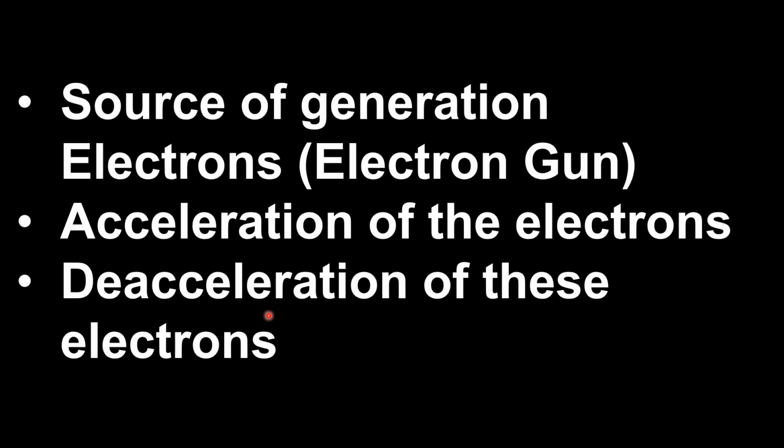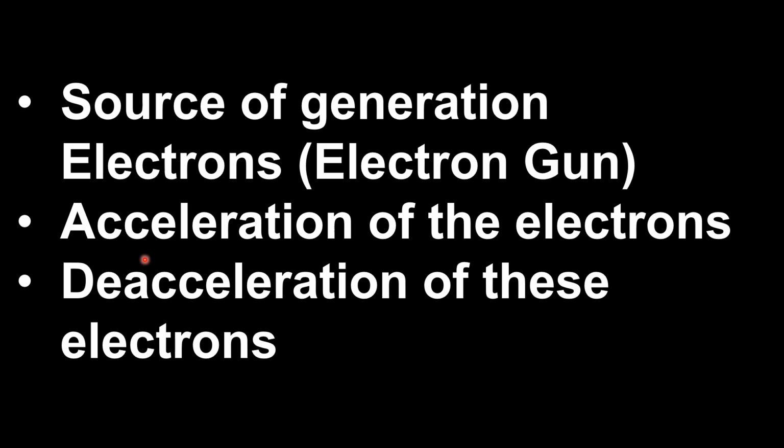So in simple words, in order to generate continuous X-rays, we need a source for generation of a stream or beam of electrons, and this stream or beam of electrons is accelerated inside the continuous X-ray generation device.